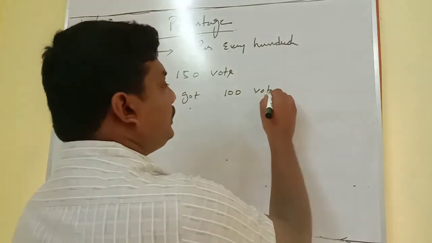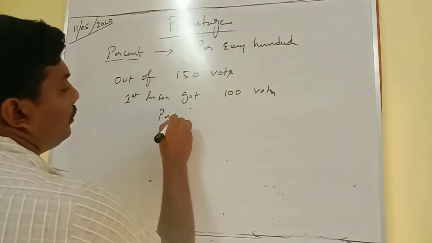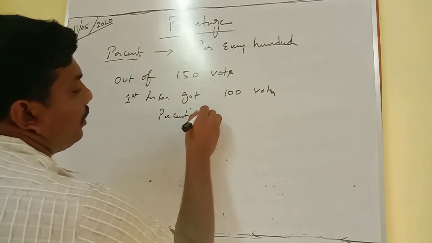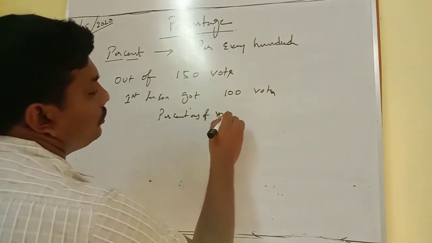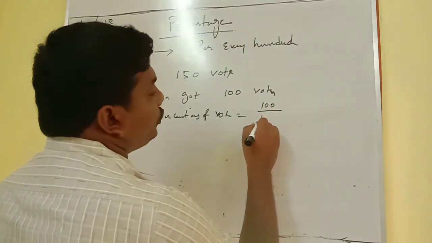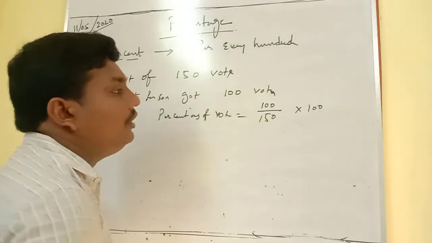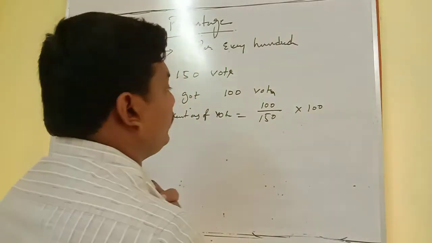How much percentage of votes did he get? The percentage of votes is obtained by total into 100, obtained divided by total into 100.